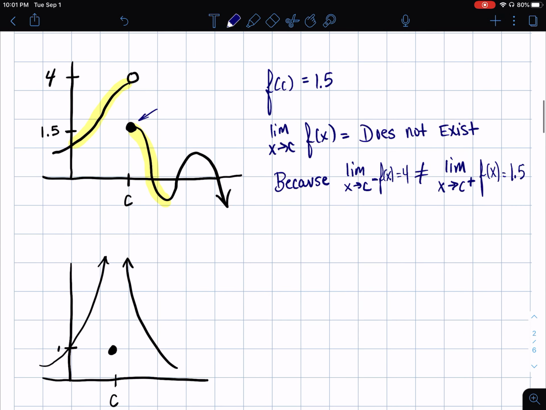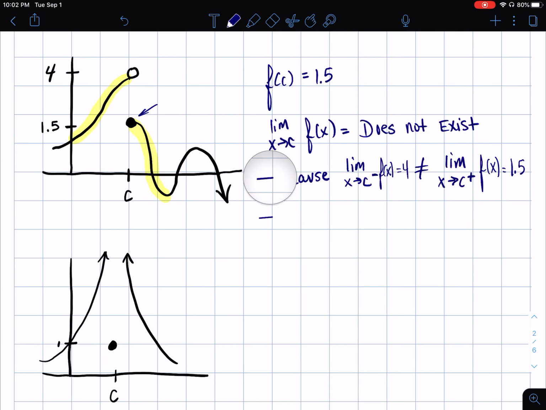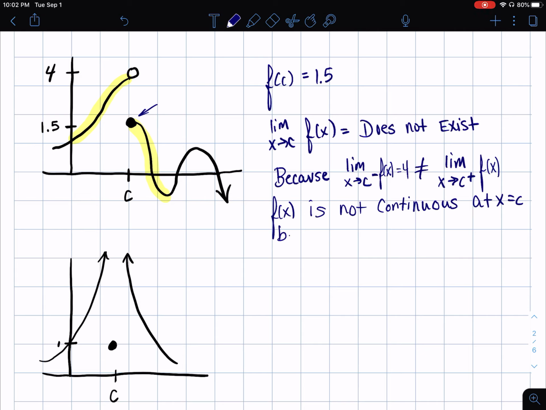So we're going to say f of x is not continuous at x equals c because the limit as x approaches c of f of x does not exist.